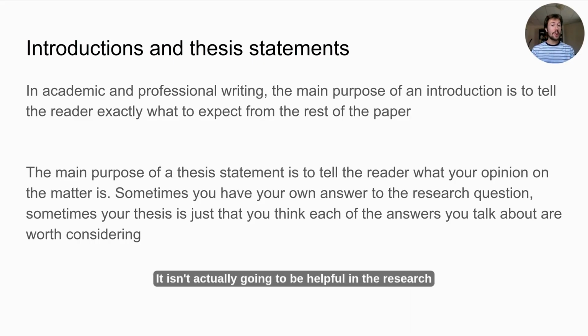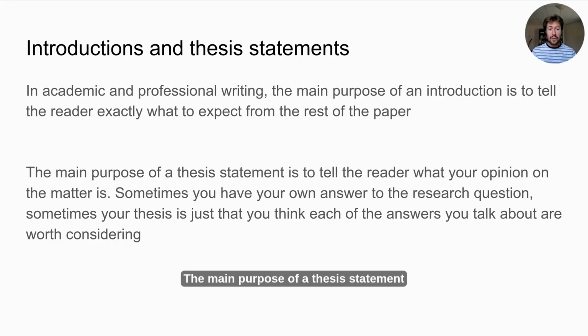It isn't actually going to be helpful in the research that you're doing in the paper that you're writing. So the reason we have these introductions is to let anybody who's reading our research paper know exactly what we're planning to talk about and exactly what our thesis is, what we're trying to prove in this paper.